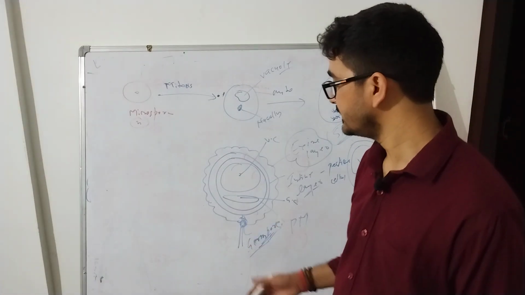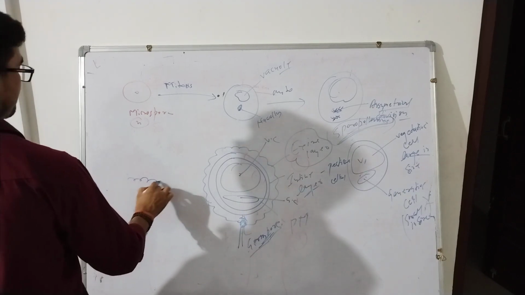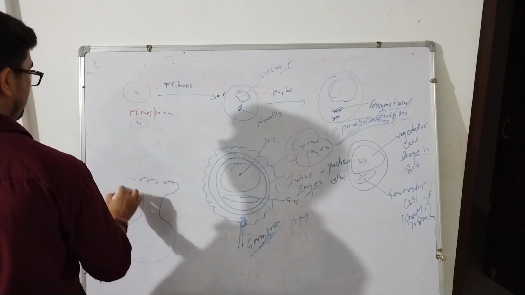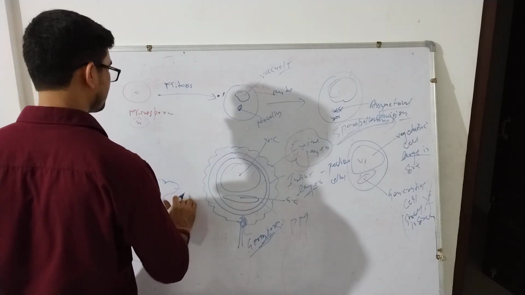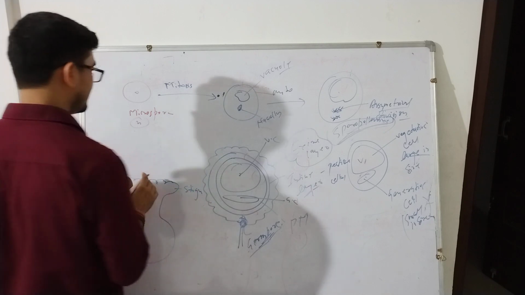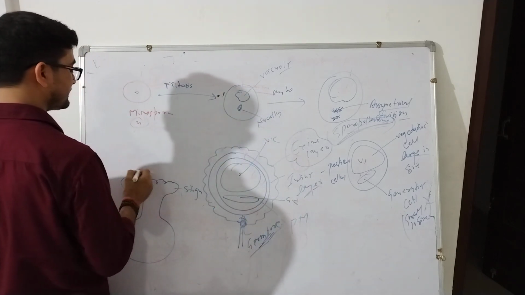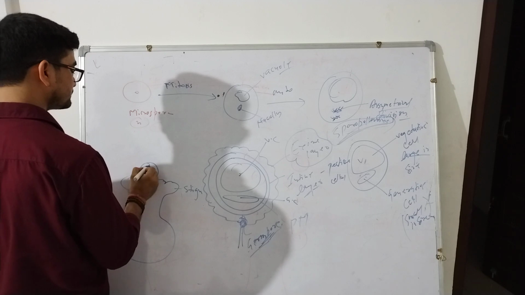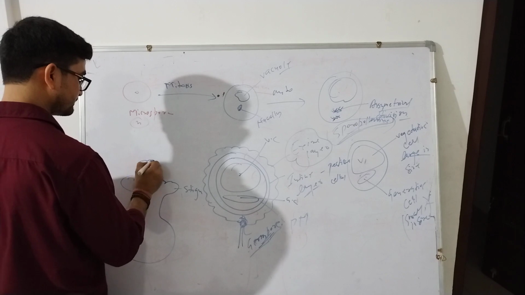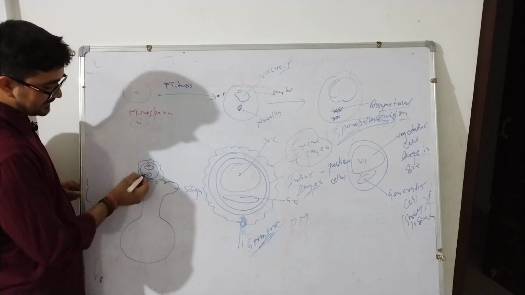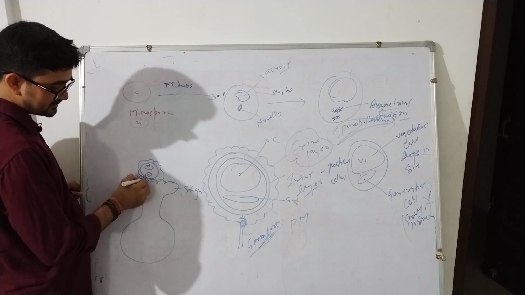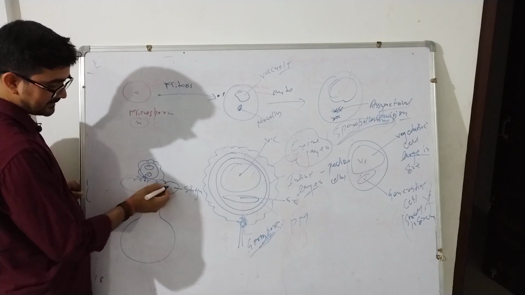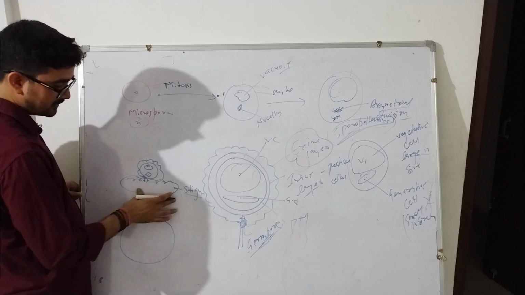Here chemical reaction. Suppose this is the style. We know that is the stigma. And on the stigma, the pollen grain lands. Suppose here is a pore. Through this pore, in the pollen grain, some chemicals are released from the germ pore, and from the stigma, chemical reaction goes on.